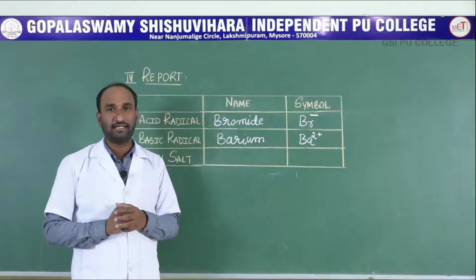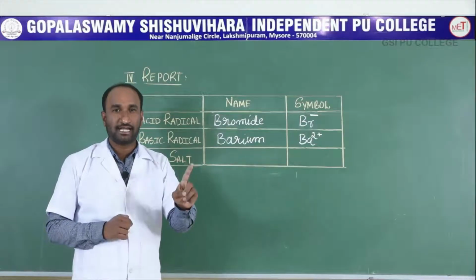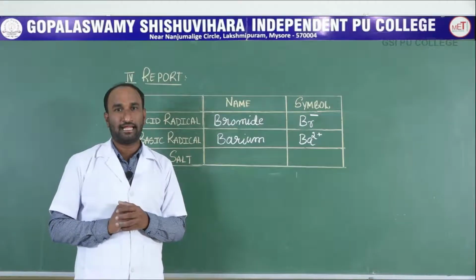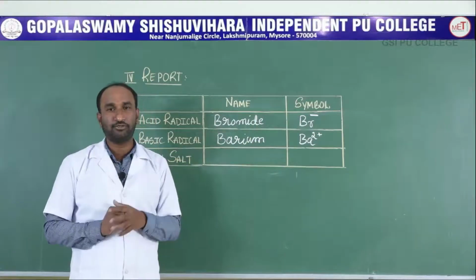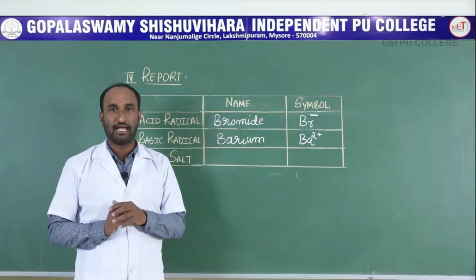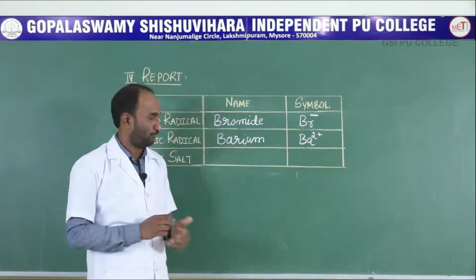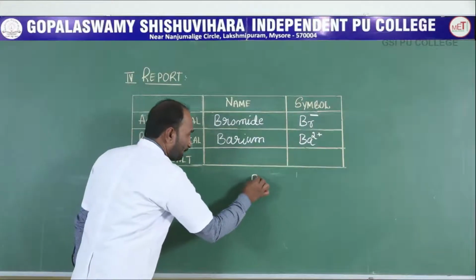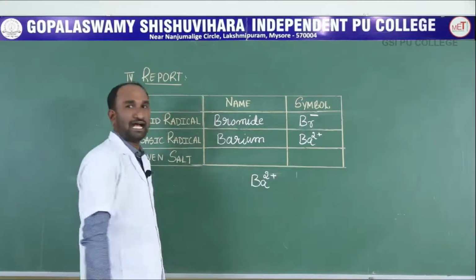In the given inorganic salt, any inorganic salt contains first the cation, then the anion. The cation is Ba2+. What is the anion?